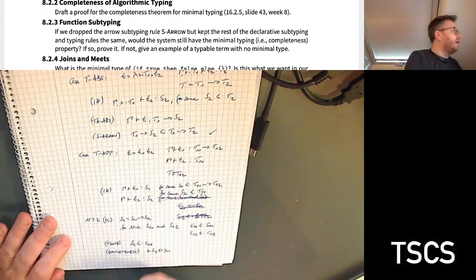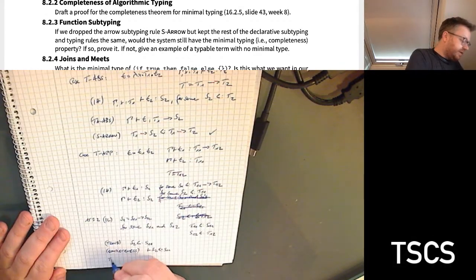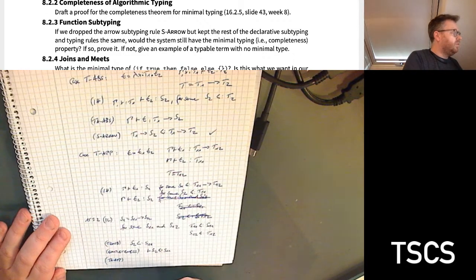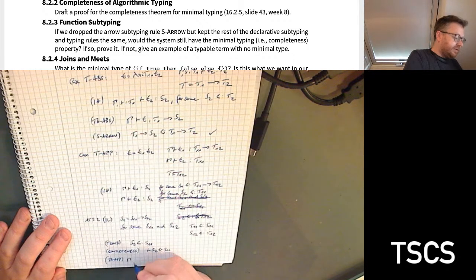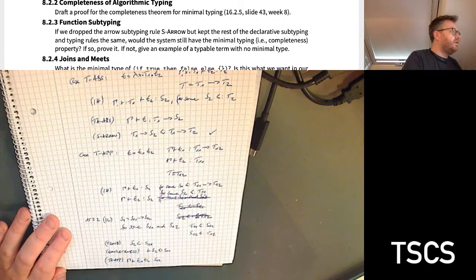And I actually can fit it in here. And now you can take the T-app rule and say that under the assumptions of gamma, it is the case that T1 T2 is well typed as S12.